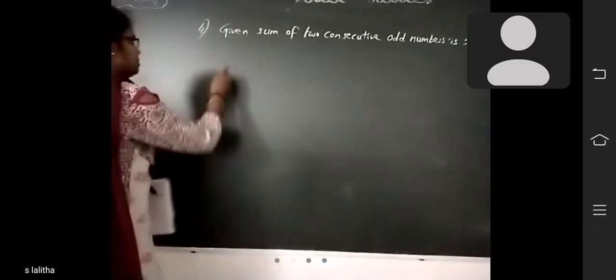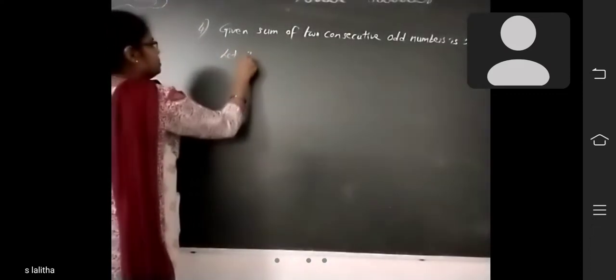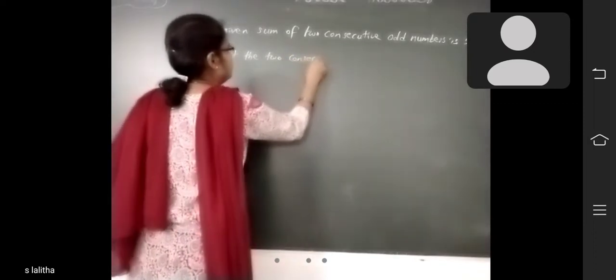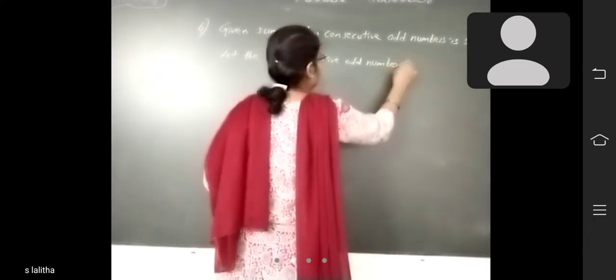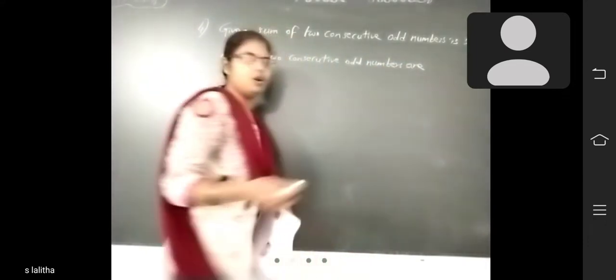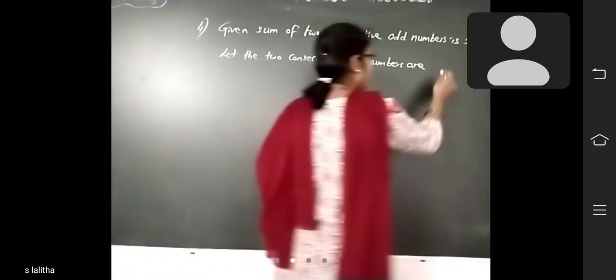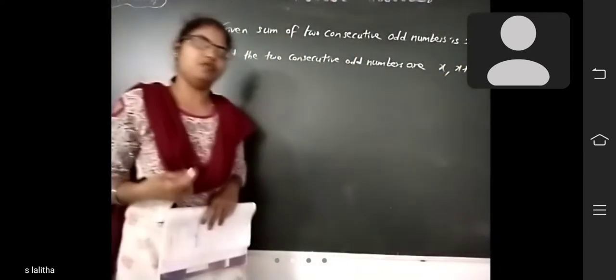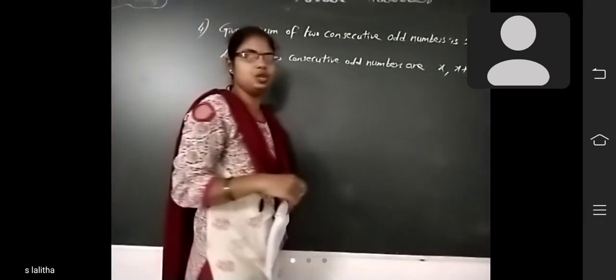Okay. So let the two consecutive odd numbers be, since we don't know those numbers, that's why I am taking x and x plus 2. Why am I taking x and x plus 2?